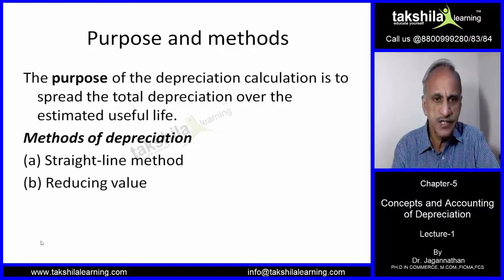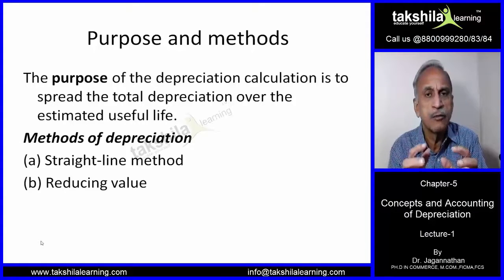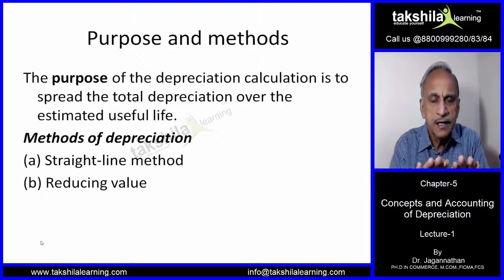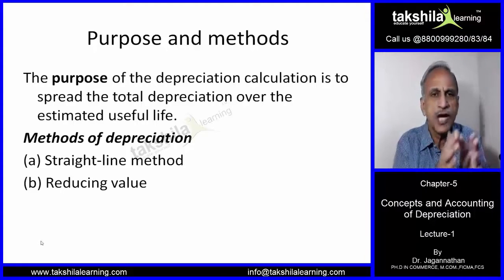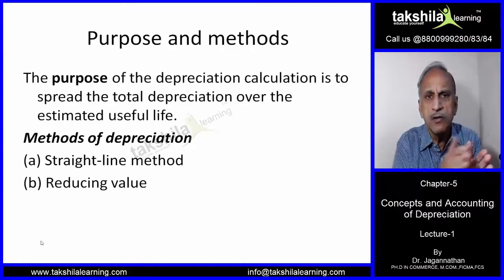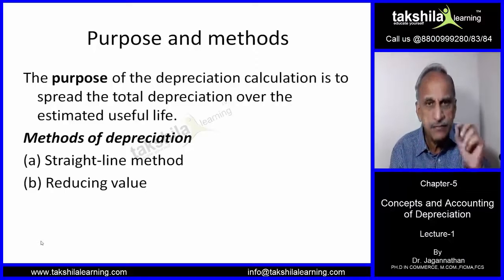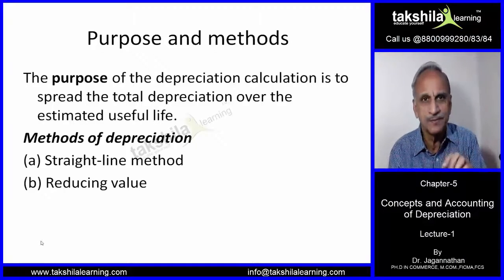There are two methods, the straight line method and the reducing value method. Both methods have their own merits. The straight line method has the depreciation equal in all the years. So if you charge 2 lakhs in one year, it will be 2 lakhs throughout the useful life. In the reducing value method, a rate of depreciation is applied on the net book value.